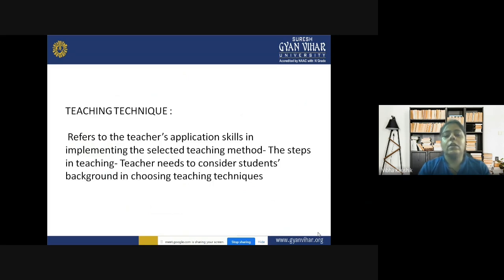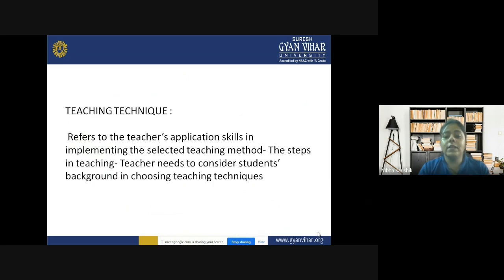Means the skill which will be applied by the teacher so that he can implement the selected teaching method, the method that has been selected by the teacher to teach that particular concept, and the way the teacher applies that selected teaching method. This refers to the teaching technique.